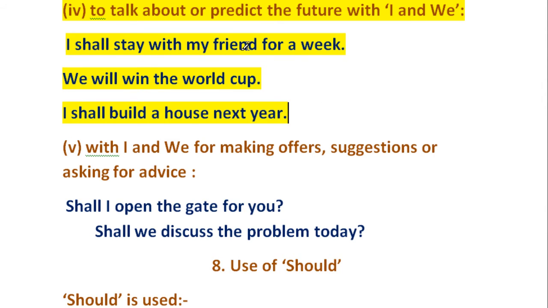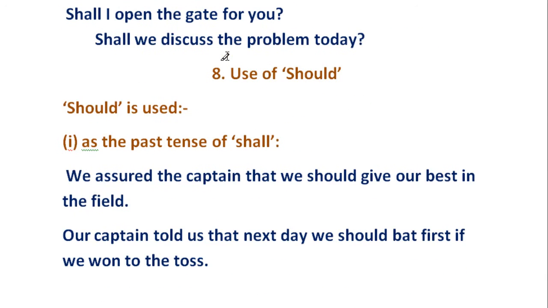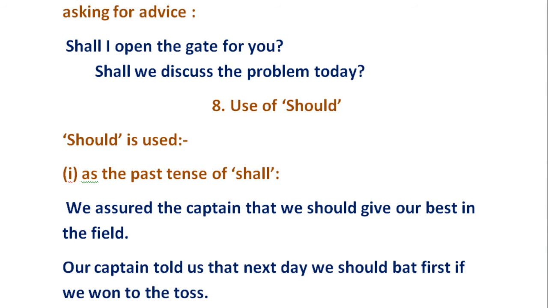So when we want to talk about or predict the future, we use shall with I and we. Then the next use is: shall is used with I and we for making offers, suggestions, or asking for advice.